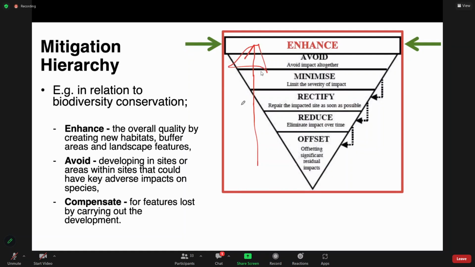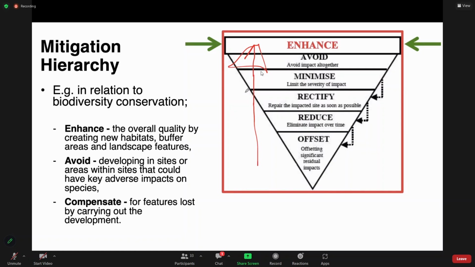So if we look at this in terms of biodiversity conservation, at the bottom levels, you might be trying to compensate for features that are lost by carrying out the development.